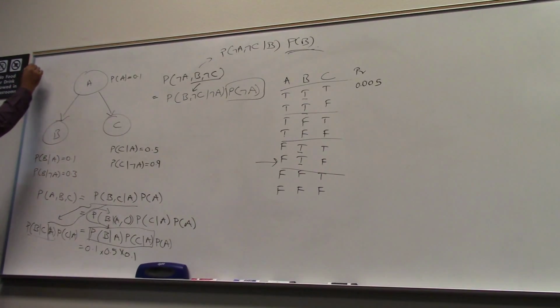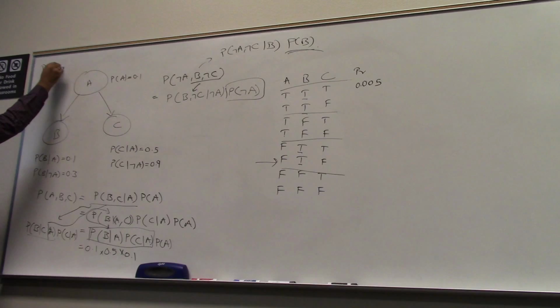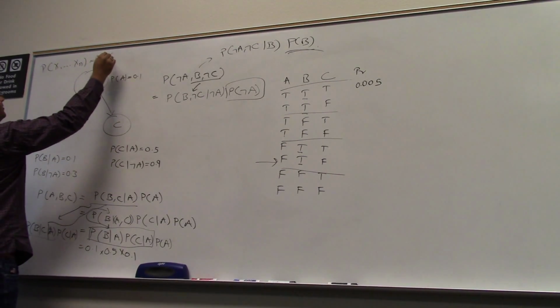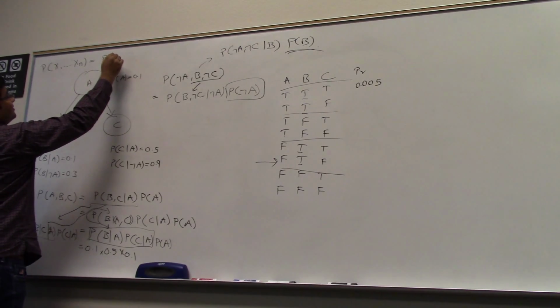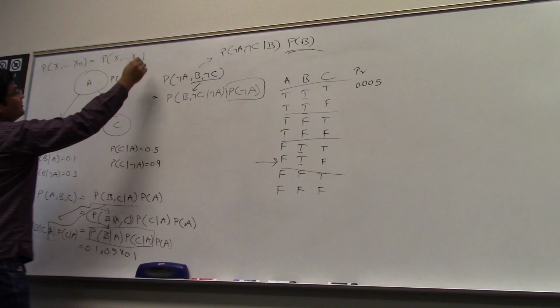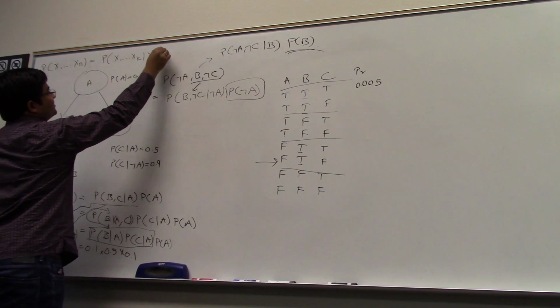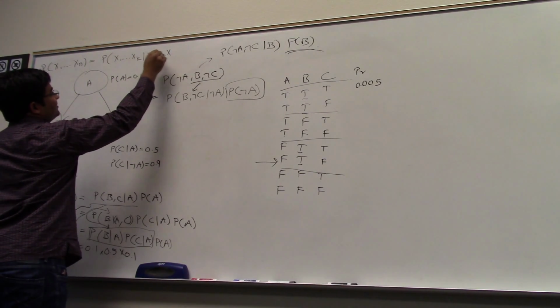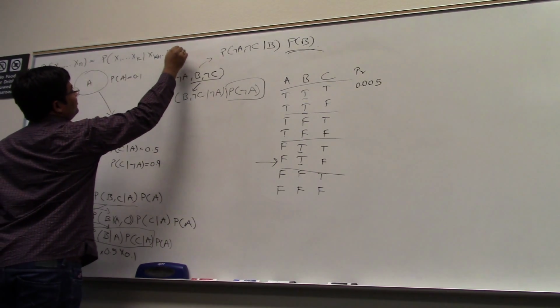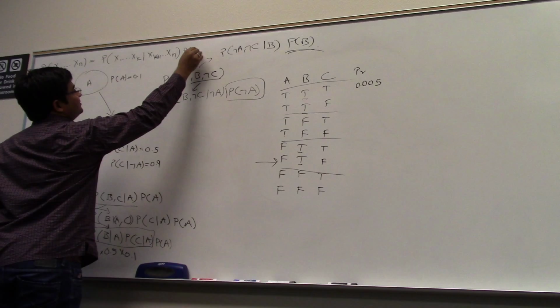So just to rewind, what is Bayes rule? It's P of x1 to xn, take x1 to xk, and xk plus 1 to xn, into probability of xk plus 1 to xn.